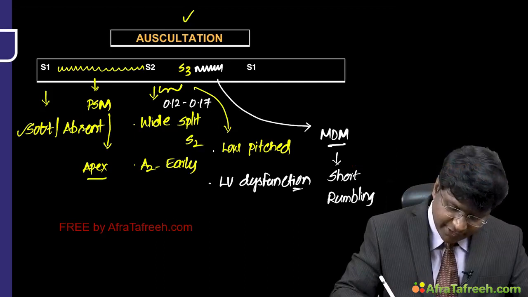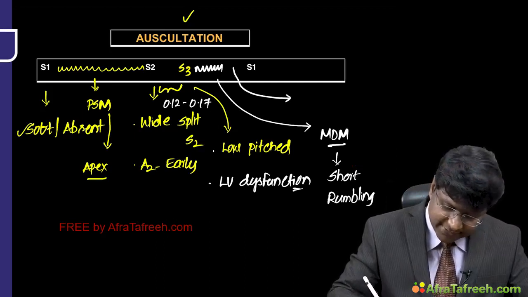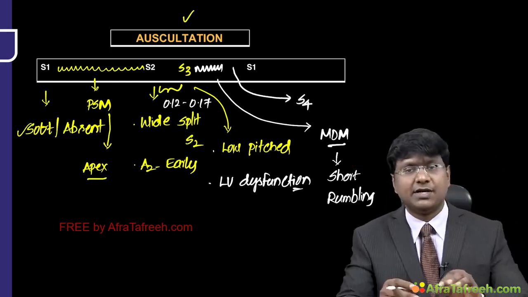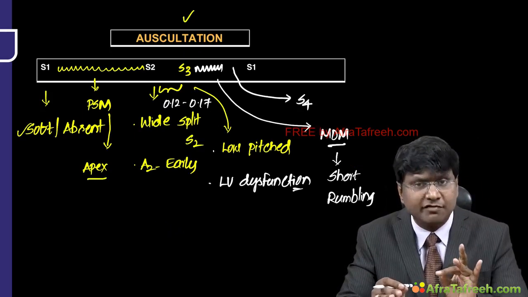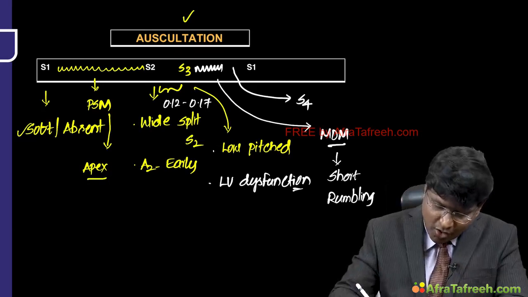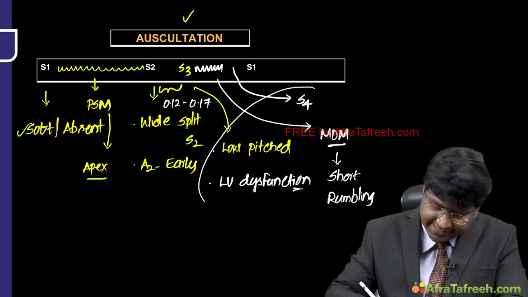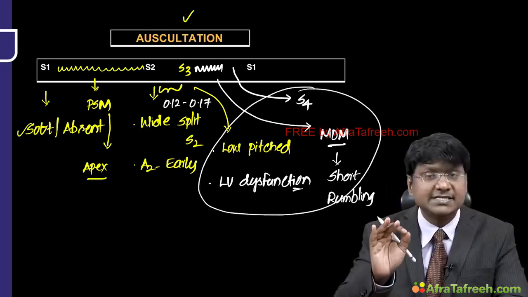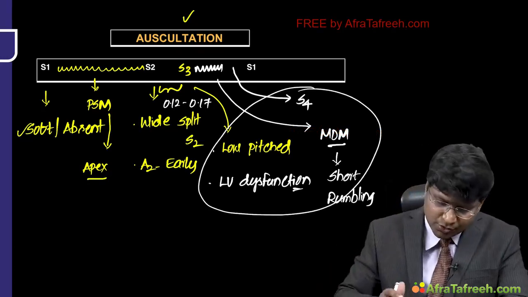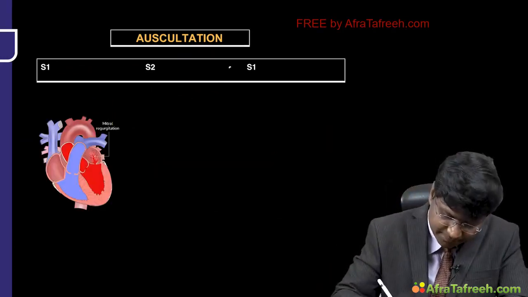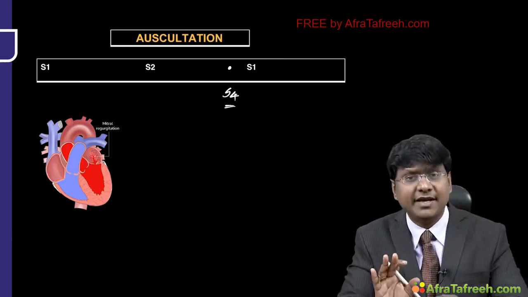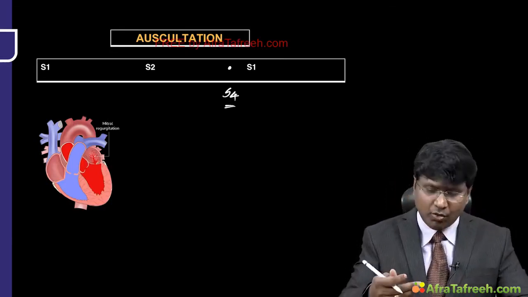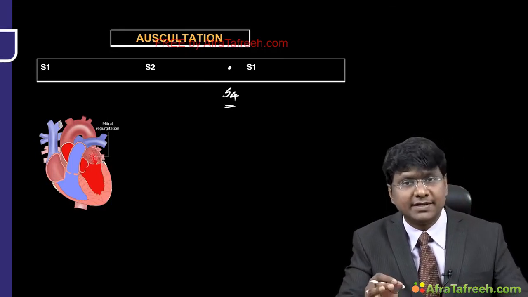And the next important thing is you will listen to the presence of S4 as well. The presence of S4, the presence of S3, the presence of a mid-diastolic murmur, all these tell that the individual is having severe MR. So the presence of S4 tells that the individual is having a very severe MR. Now, what is the mechanism for the development of the S4?